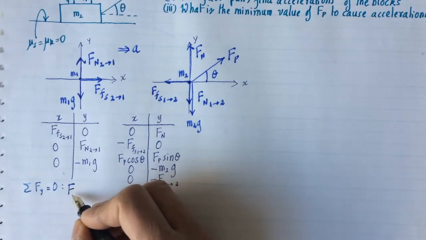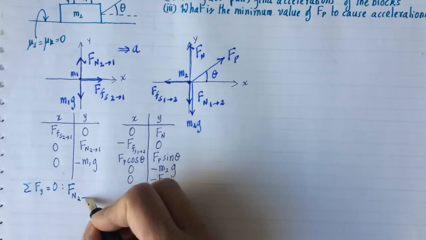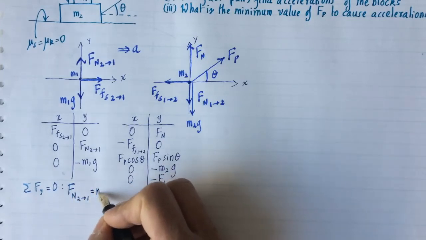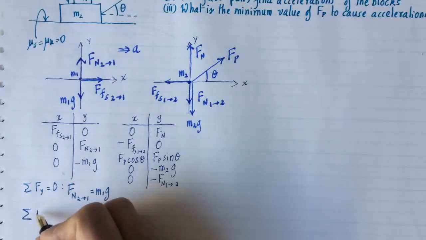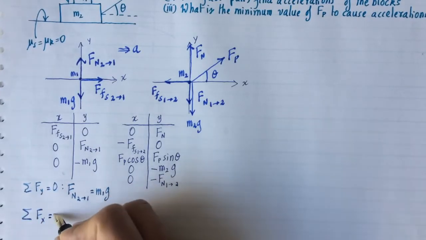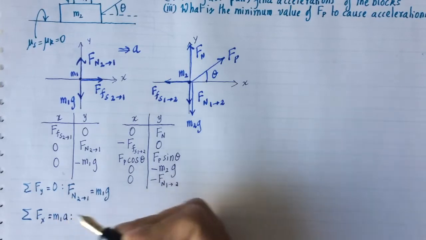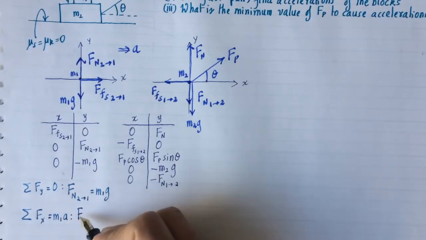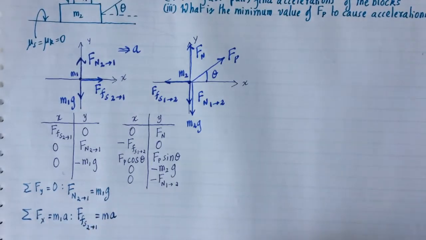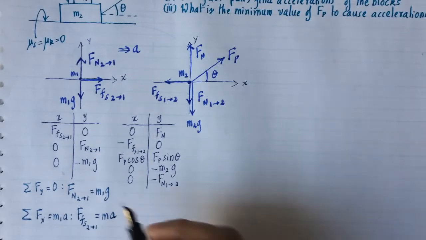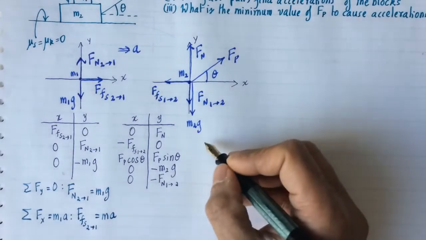So that gives me Fn 2 on 1 is equal to m1g. Then I have sum of all the forces in the x direction equals m1a, and that gives me the force of static friction 2 on 1 equals m1a. Nothing more can be done, so we'll move on to this side.